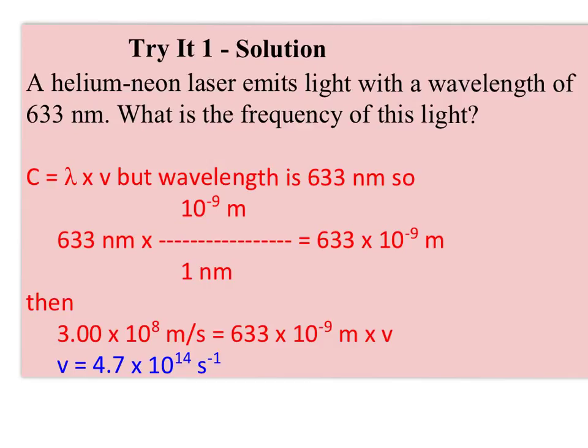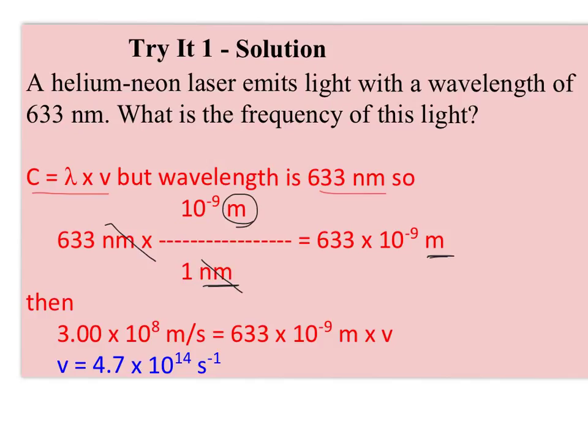So using those hints, we use the equation c equals lambda times nu. But the wavelength is 633 nanometers. So the first thing I did is I set up a conversion factor with the unit I want, meters, over the unit I have, nanometers. That means when I take 633 nanometers times this conversion factor, my nanometers cancel out, and I'm going to be left with meters.